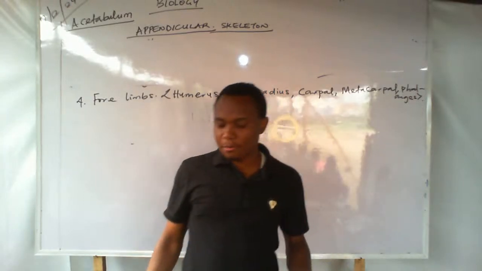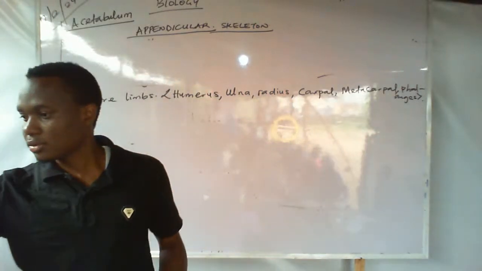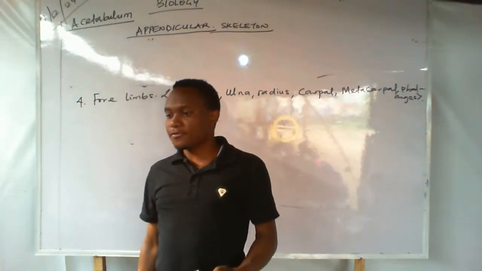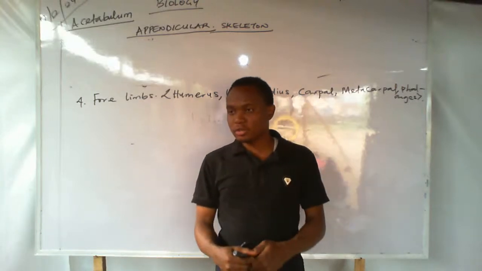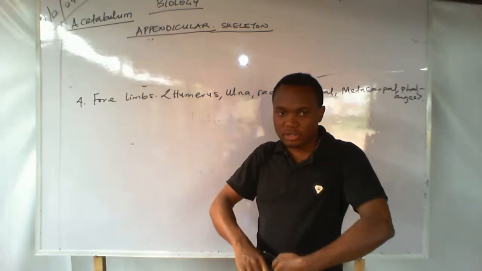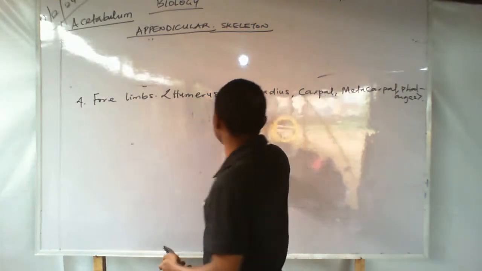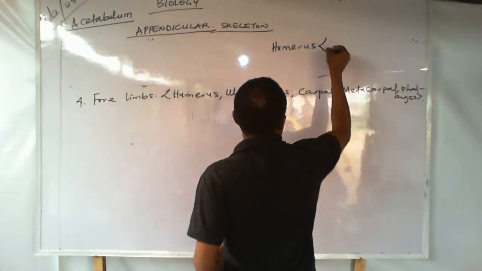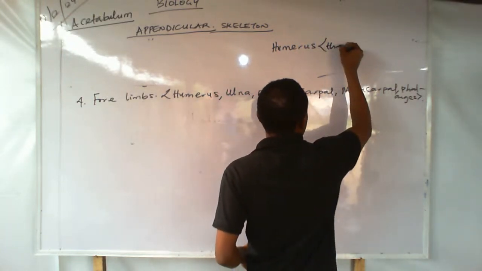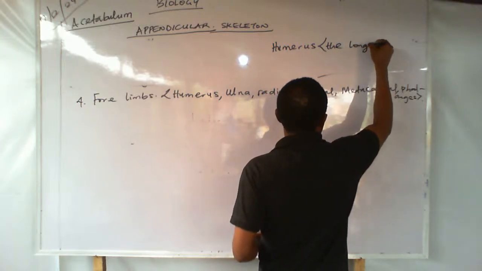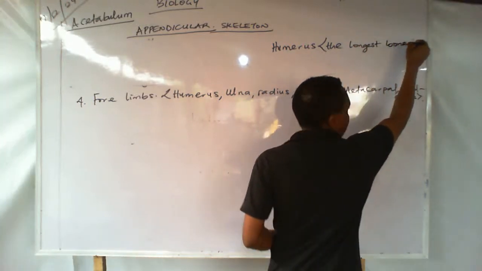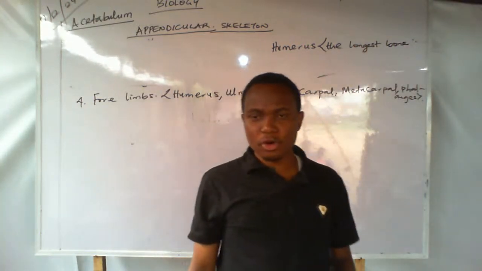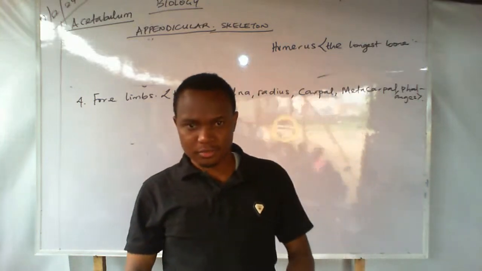The four limbs are made up of the humerus, in brackets, the longest bone of the four limbs.